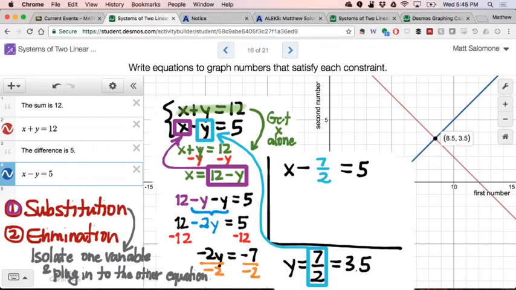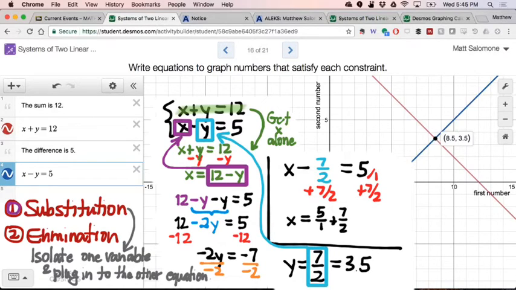Which also is an equation with only a single variable in it, which means we can solve for x just by unwrapping the variable, reversing the order of operations. Adding 7/2 to both sides. And so to find the value for x, we just need to add 5 plus 7/2.